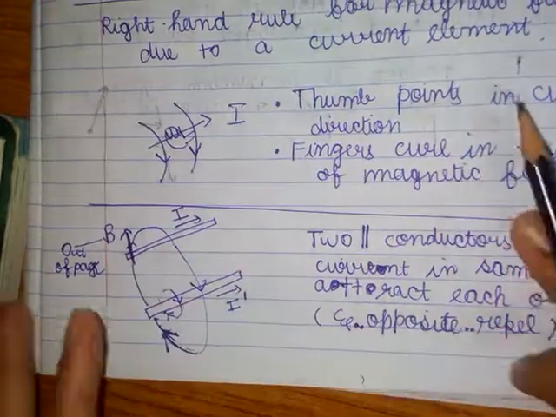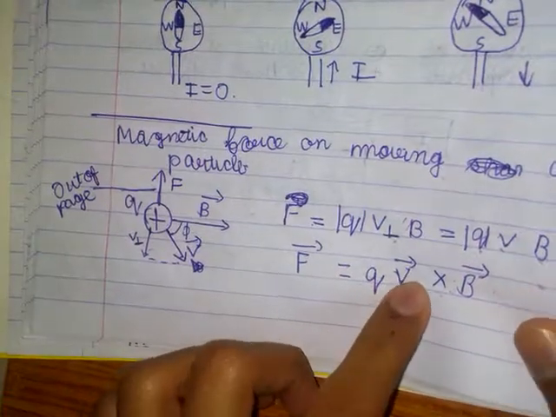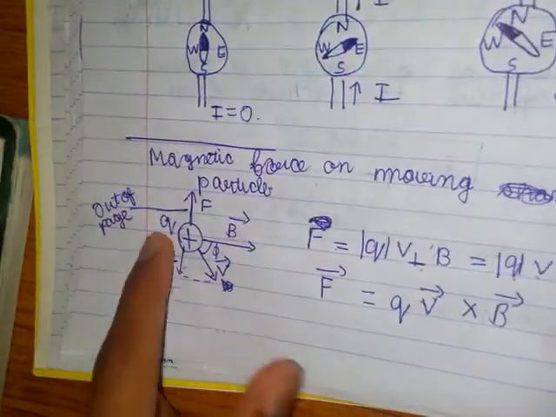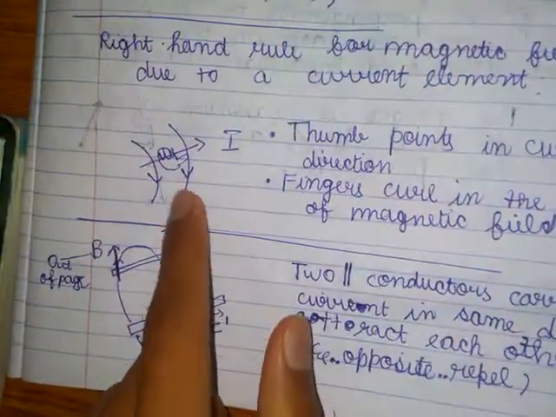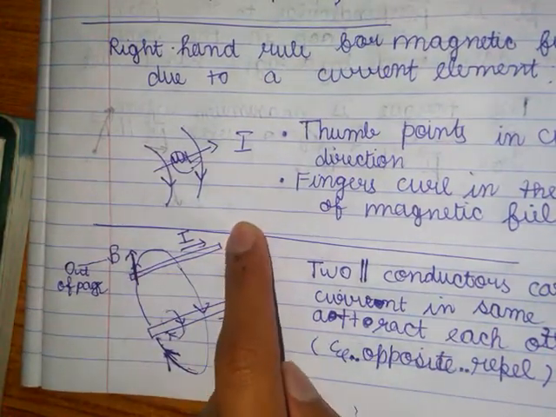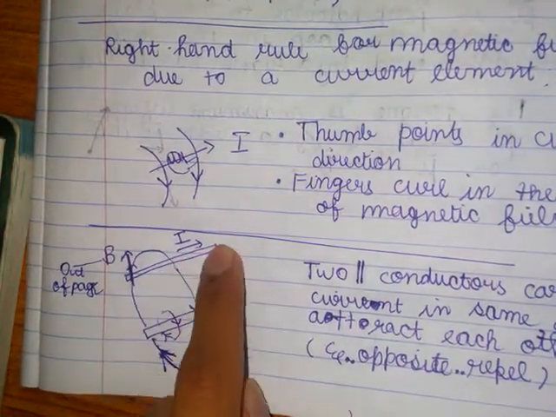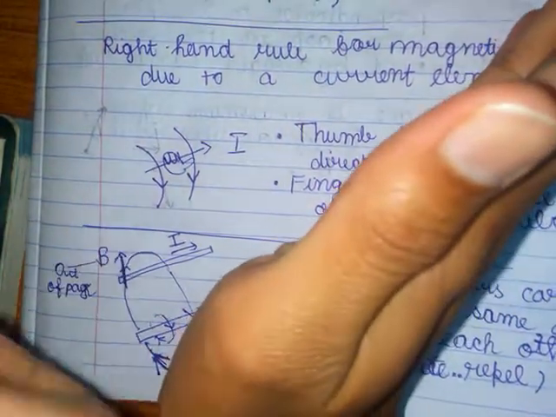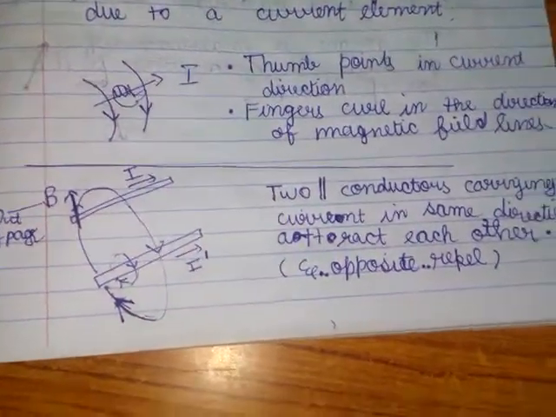By this we have the direction of force as the direction of v cross B, velocity of the positive charge cross B. Actually here positive charge is not flowing and electrons are flowing, but let's assume that positive charge is flowing in the direction of current. Let's do it again.